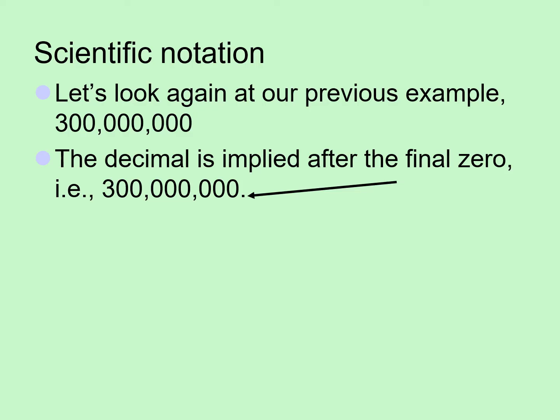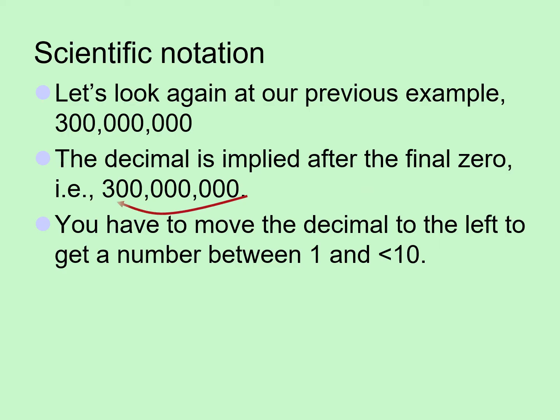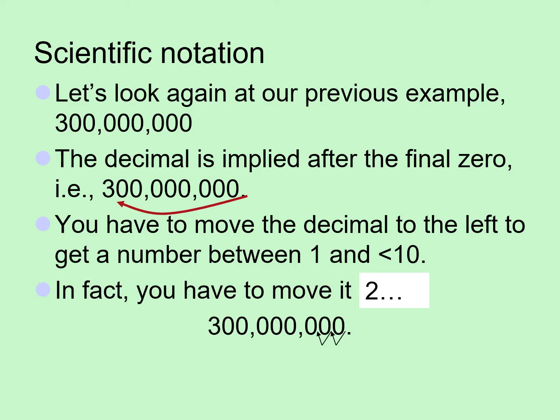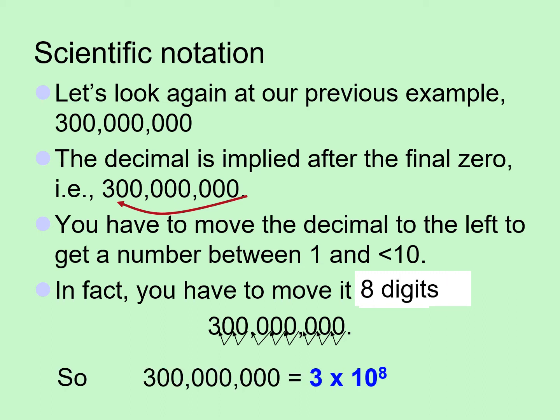How many times will we have to move the decimal to the left in order to get a 3 instead of 300 million? Well, you have to move it 1, 2, 3, 4, 5, 6, 7, 8 times. So 300 million equals 3 times 10 to the 8th power, because the original number, 300 million, is equivalent to 3 with the decimal place moved 8 times.